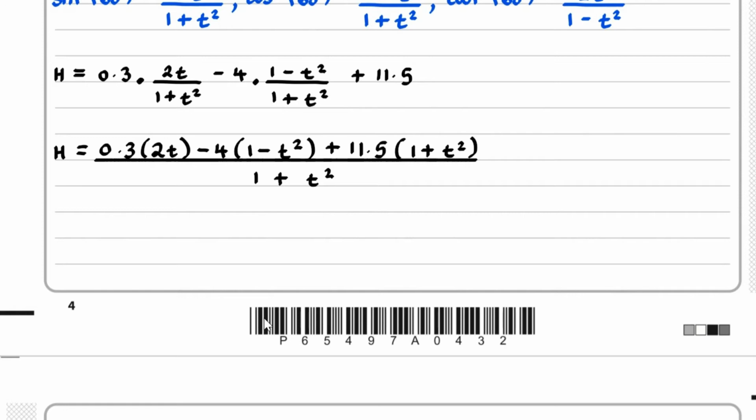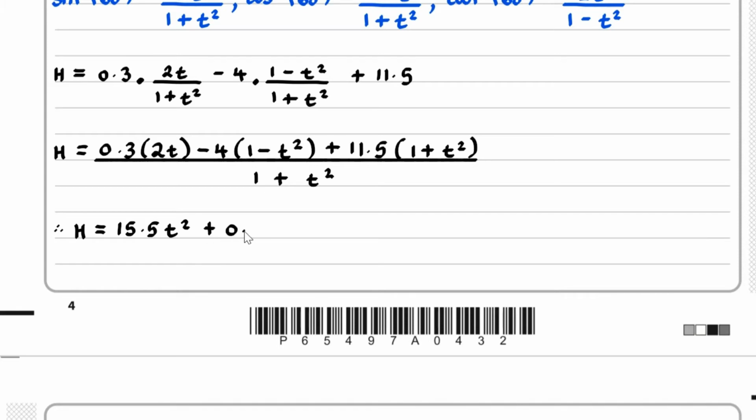So let's simplify all of this. Well, we can therefore conclude h is equal to, well, just in terms of the t squareds, I've got 11.5 plus 4 of them, so that's 15.5 t squared.